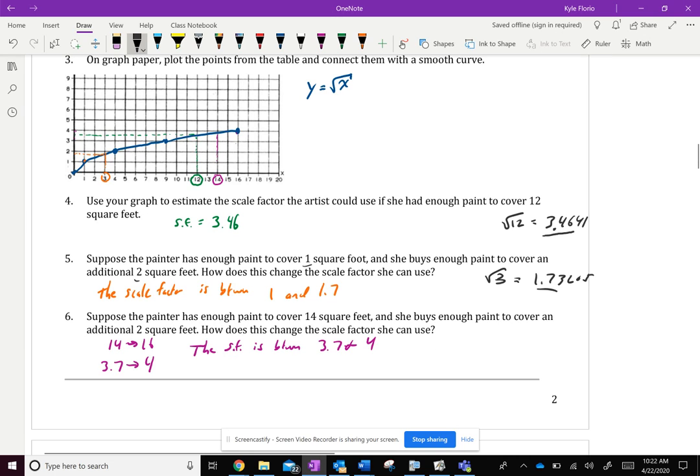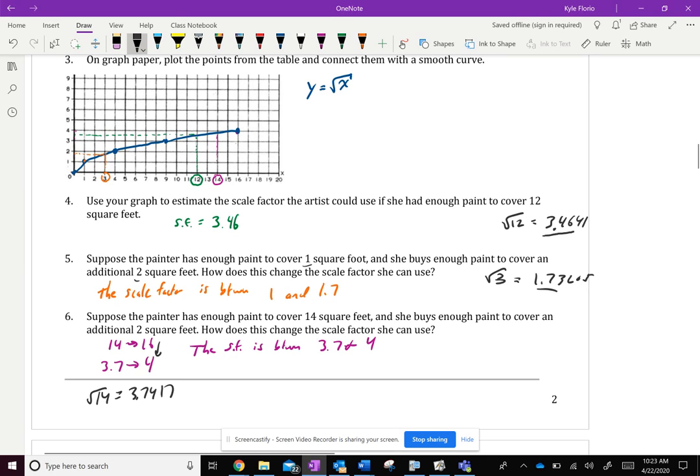Yeah, I'm pretty good at this. And then you can do the same thing here. The square root of 16 I know is 4. The square root of 14, you can put that in your calculator and see if it's close to what we approximated. The square root of 14 is 3.741, 7-ish. So yeah, we were actually pretty close with our estimates in our graph.